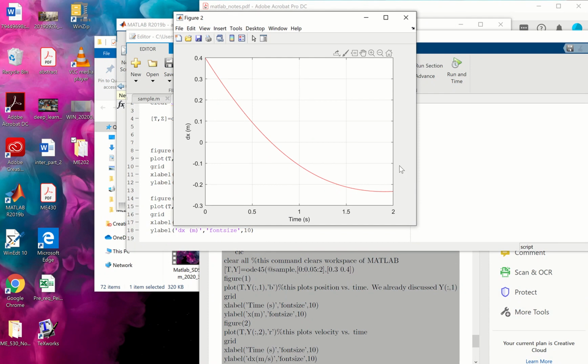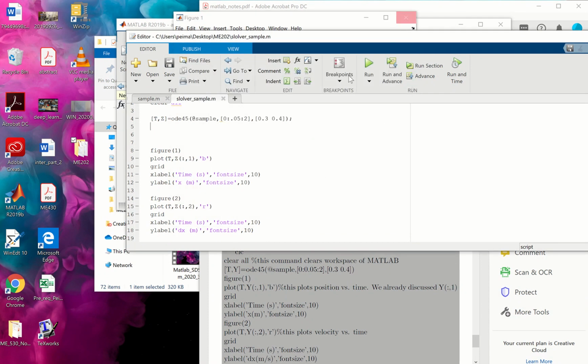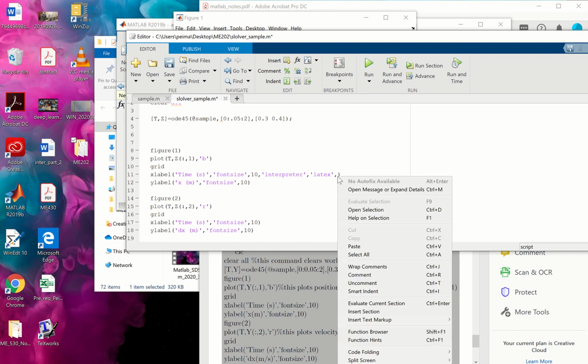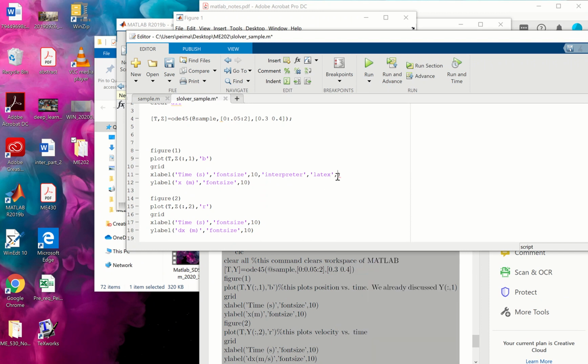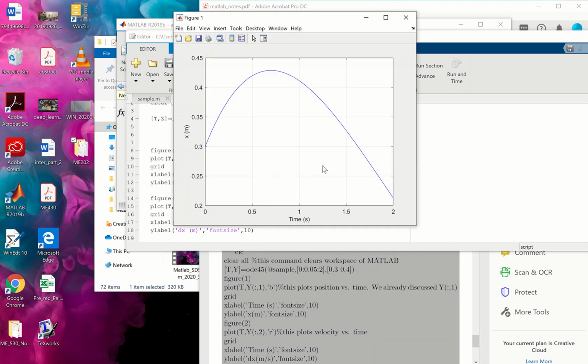I'm going to change it like this. Obviously, if you change the interpreter to LaTeX, you're going to have a fancier result.